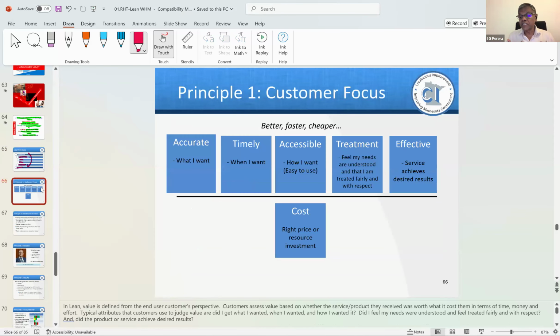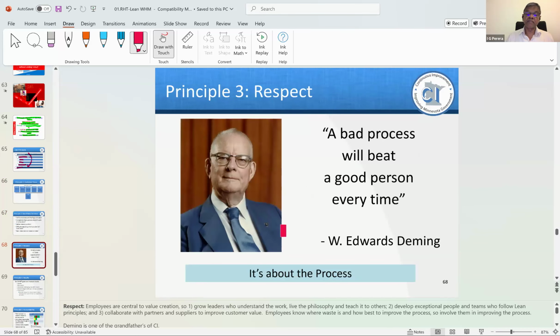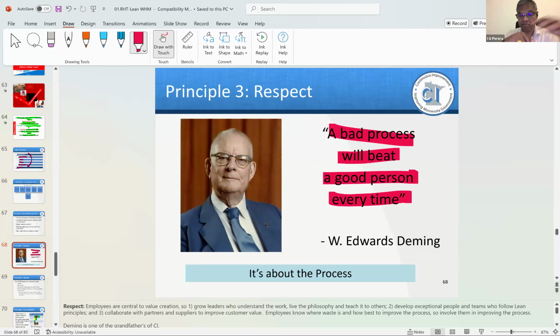So it explains further principle 1, principle 2, the customer focus we discussed, data-driven decisions we discussed, and respect. So it is about the processes then. A bad process will beat a good person every time. You may be an excellent person, highly qualified, very excellent, a highly productive person.